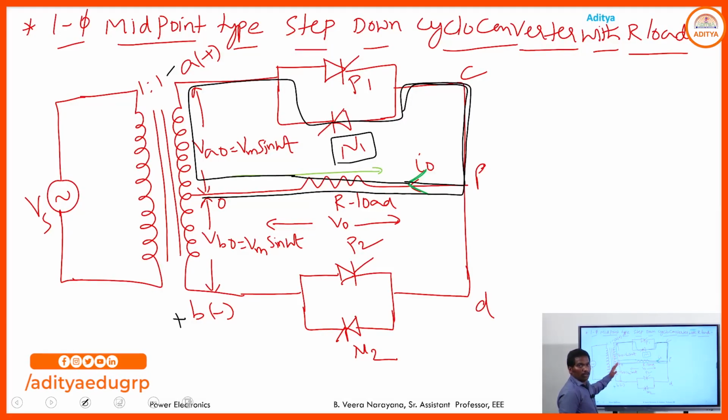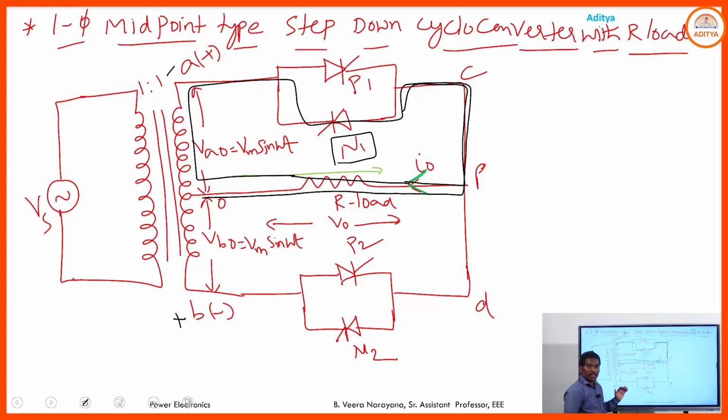Now we have discussed this midpoint type step down cycloconverter with R load. Now we consider the bridge type cycloconverter under step down operation with RL load. We will discuss it.